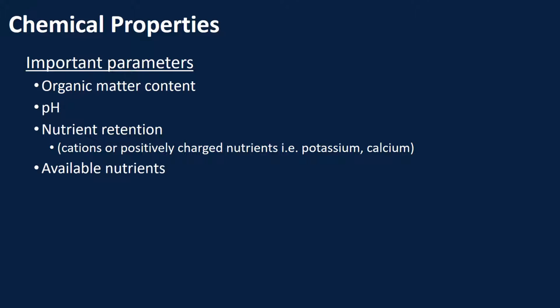Another one is availability of nutrients. There are nutrients in the soil always, but that doesn't mean those nutrients are readily available for plants to take up, so we have a measurement of that as well. These are all different measurements that we can take every couple, two or three years, to see where our soil is at. Are they improving? Are they not improving? Things of that nature.